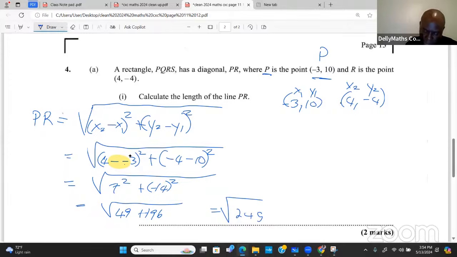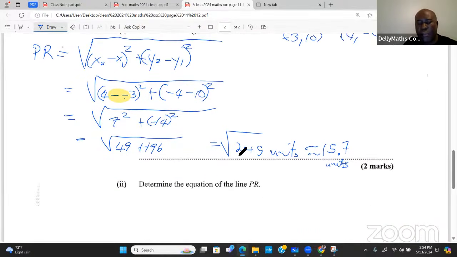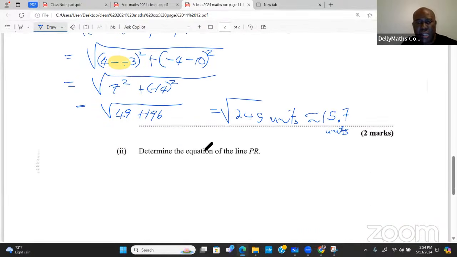So if we take the square root of 245, this is the answer already. Square root of 245 units long, which is approximately 15.7 units long if it's rounded off, right? So definitely your answer is right there and you're good. So that's the distance formula you want to use quite easily there, and then you're good.